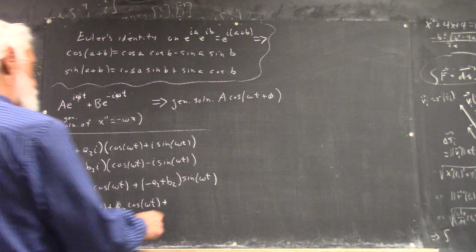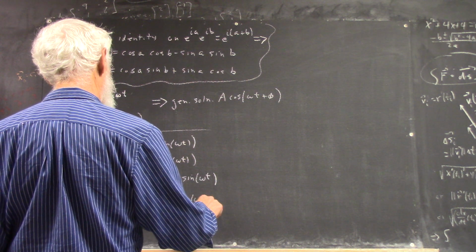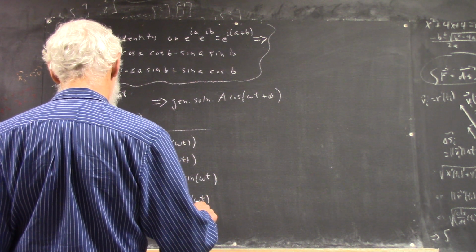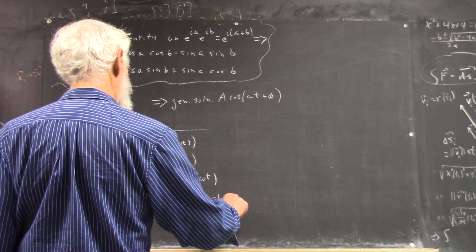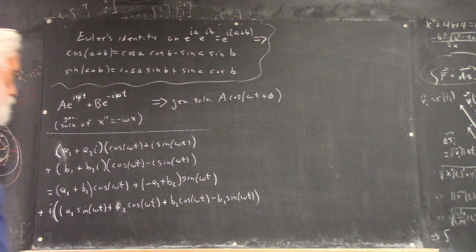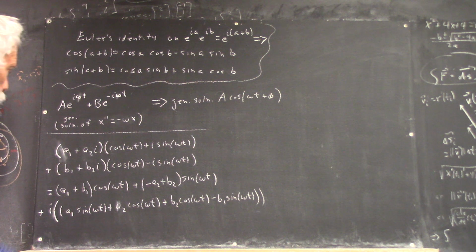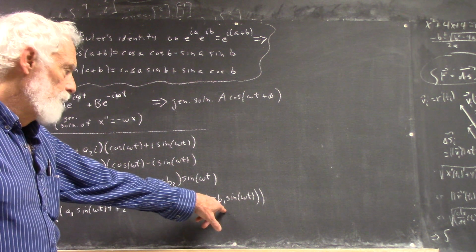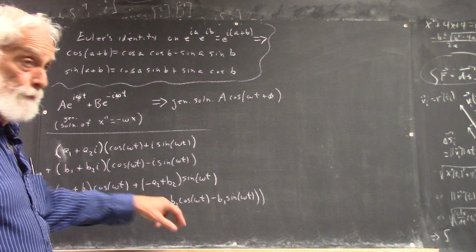So B2 minus B1 sine of omega t. Now I could have collected the A1 and the negative B1 on the sine, the A2 and the B2 on the cosine.